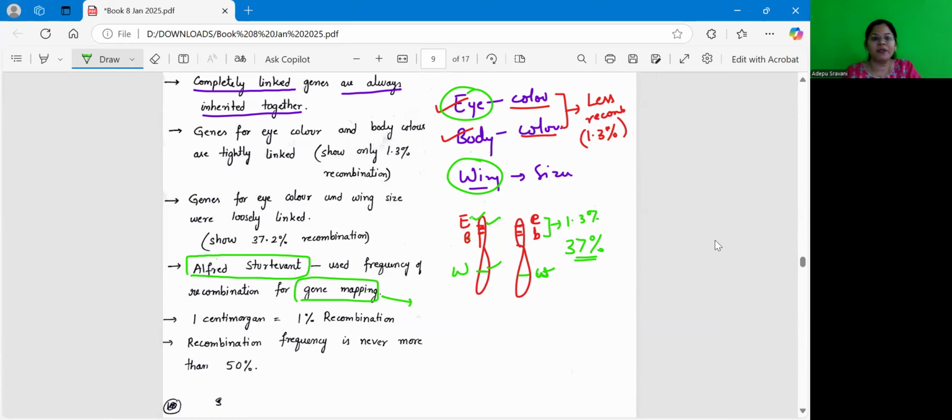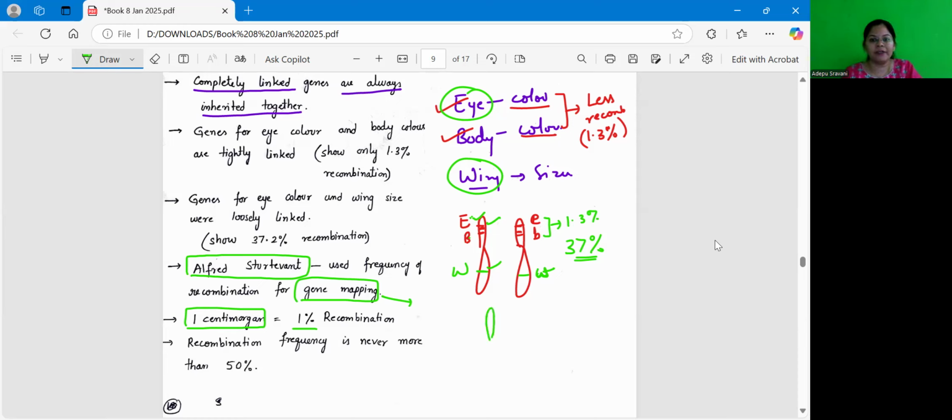For example, he has given the units also, like 1 centimorgan is equal to 1% of recombination. If the frequency of exchange of genetic material is 1%, then the distance between the two genes will be 1 centimorgan.